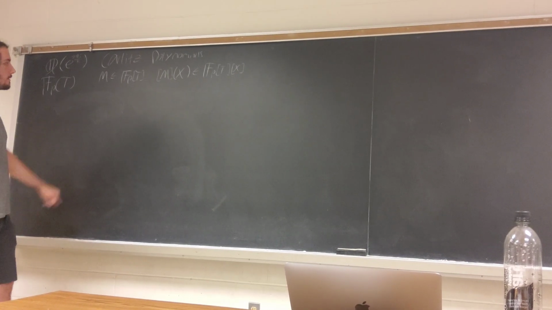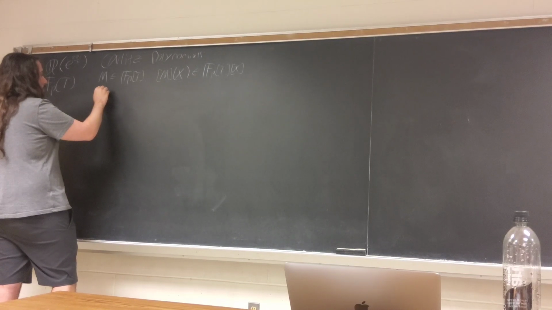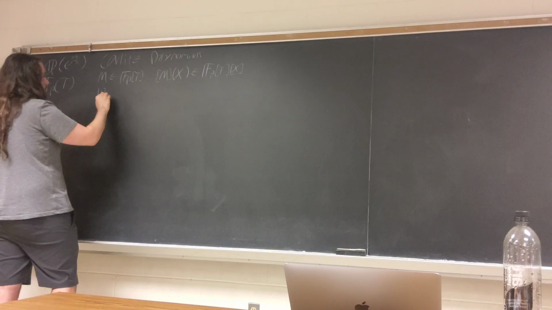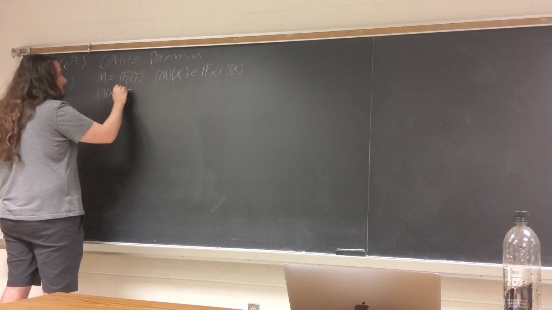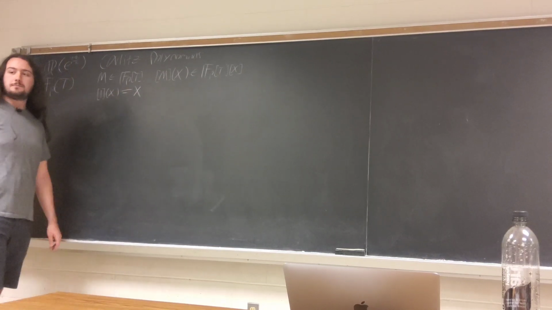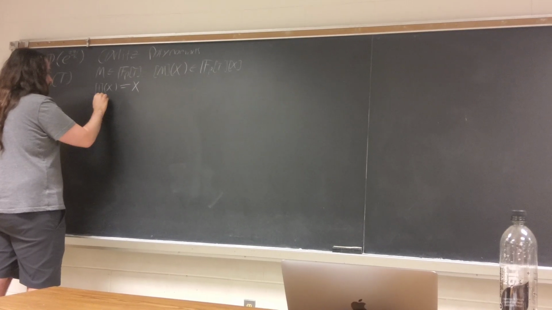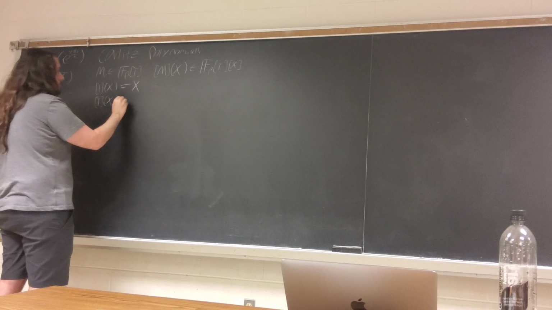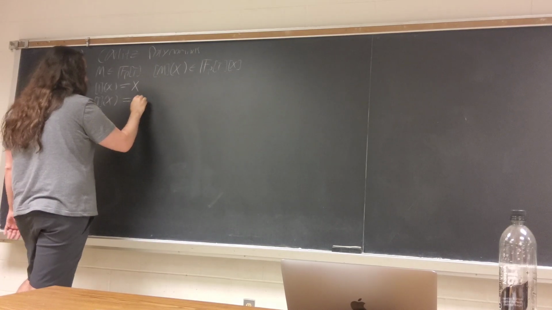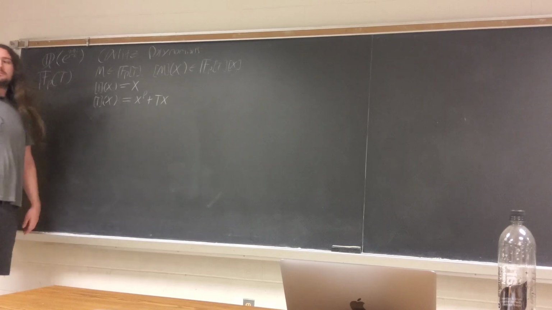And the way that we're going to construct these is by starting out by saying if our m happens to be 1, we'll define that to just be x. If it happens to be just t, we will define that to be x to the p plus tx.